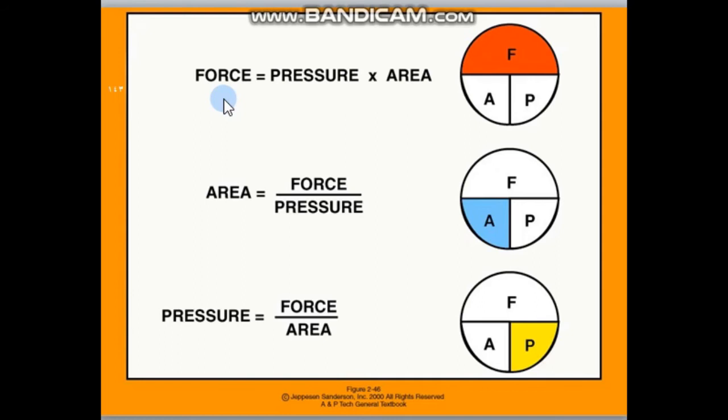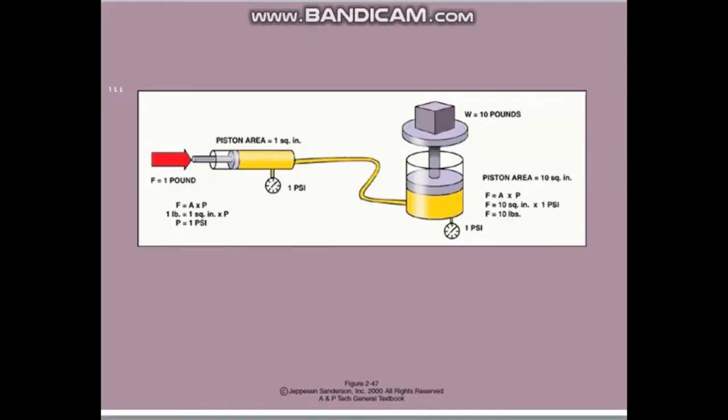And if you want to find the force applied, you multiply the pressure by the area. Here we will use the first formula to find the pressure, and when you use it on our example, you find that the pressure is 1 psi in both cylinders and for both forces.